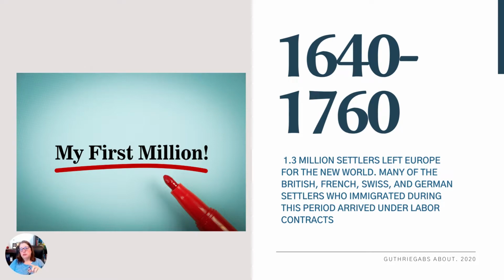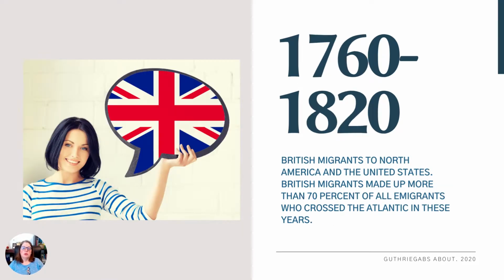A lot of them, as you see here, are going to be indentured servants. So they're poor people looking for opportunity. And then by the time we get into the modern age of the 1700s, it's going to be the British who are crossing over. And so the population and demographics of who's going to be in the Americas drastically changes from 1500 till we get into 1700.